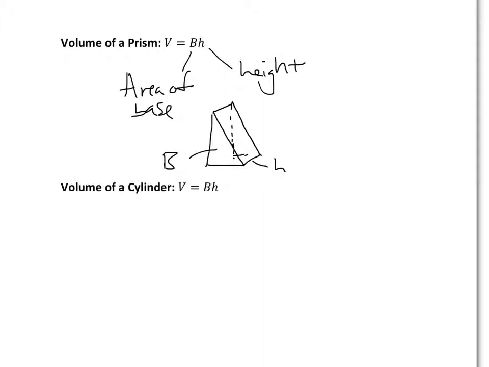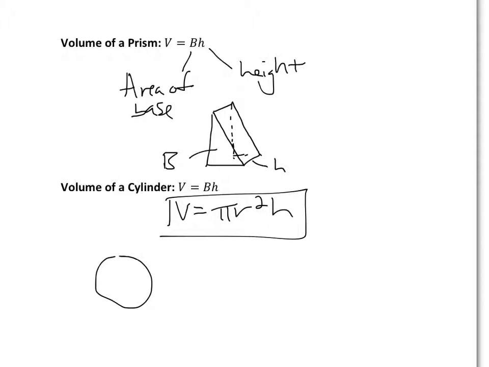And lastly, volume of a cylinder. Once again, BH, but remember for cylinders we have a special formula because we already know the area of the base is pi r squared, since it's a circle. So pi r squared H is the formula you're going to want to work with. That's going to look like, once again, oh gosh, that's horrible. We could do the front and back base again.